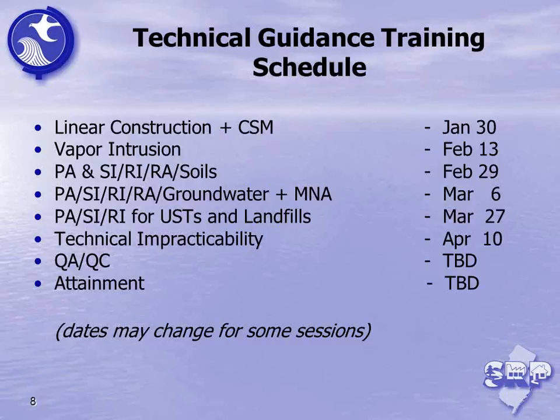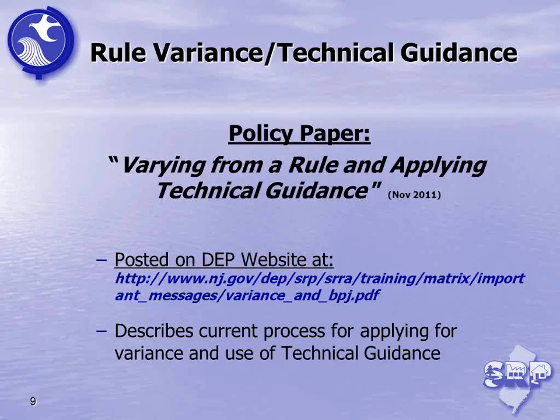Next slide, please, Joe. So let's talk a little bit about rule, variance, and technical guidance. When draft technical guidance documents were originally issued draft, we had a link within those documents, and that link directed you to an SRP training webpage, and it kind of described the procedure for obtaining a variance.